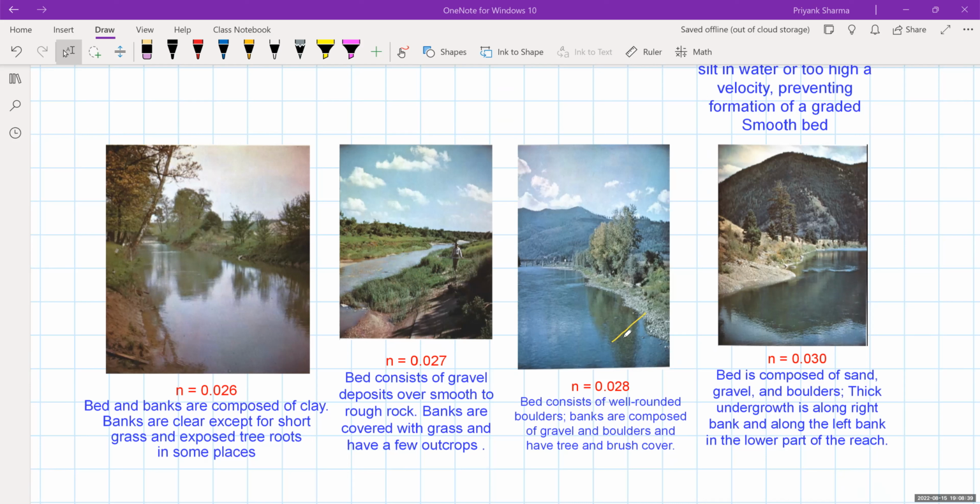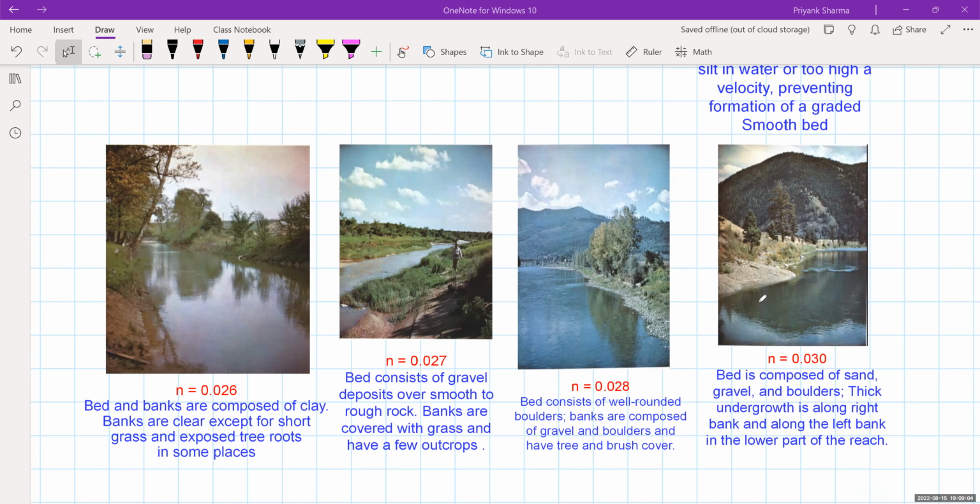Again here, more roughness due to trees, boulders and gravels. And lastly, the bed is of sand, gravel and boulder, so it is a combined grain size distribution. And here you can see vegetation growth, trees and all, so that yields a particularly higher value of Manning's n.